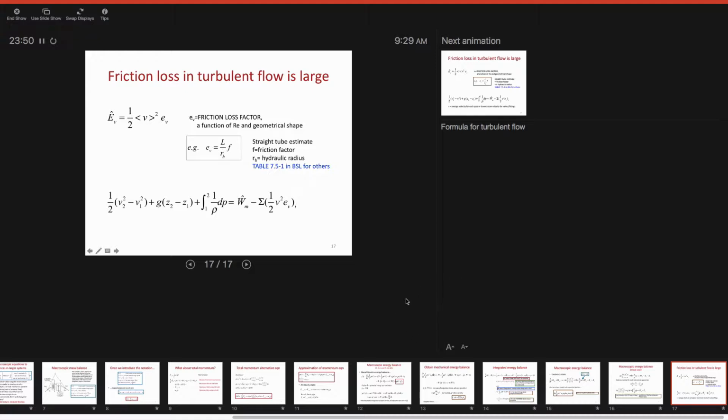And this is the work of the moving parts minus the sum over all of these pieces of my system that might be tubes and elbows and so forth. For all of them, these are the tabulated values, and I have some idea of the average velocity.